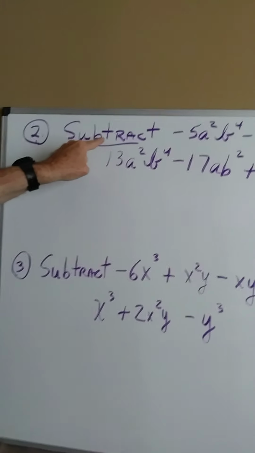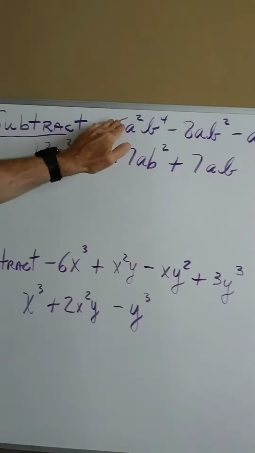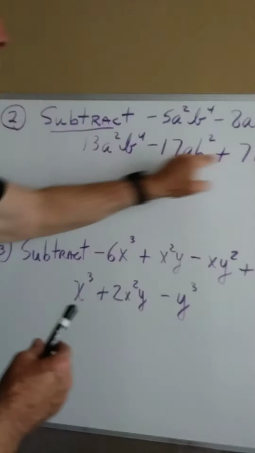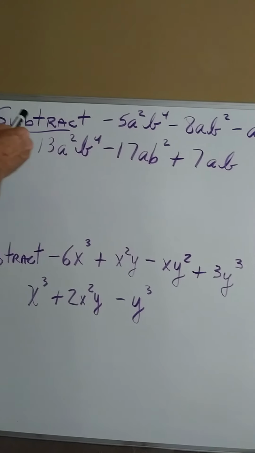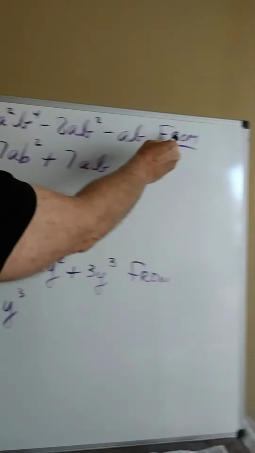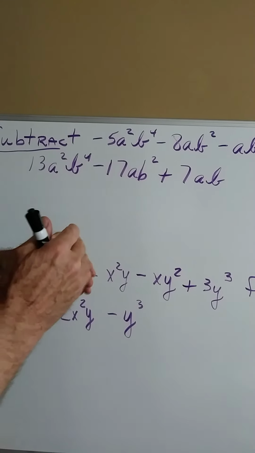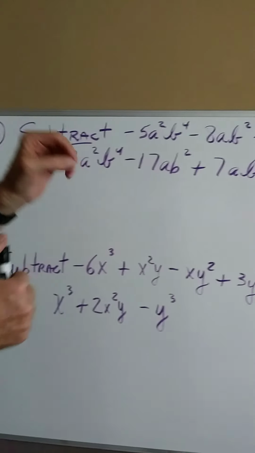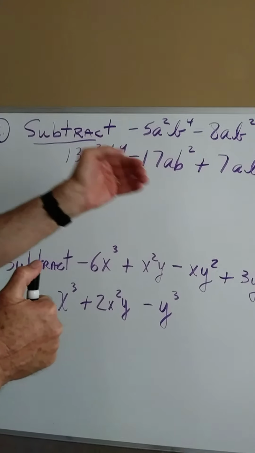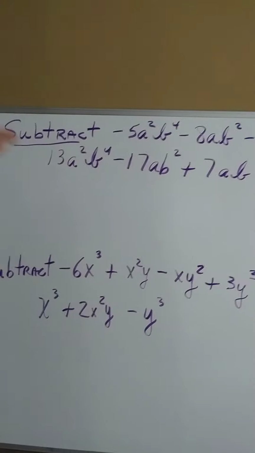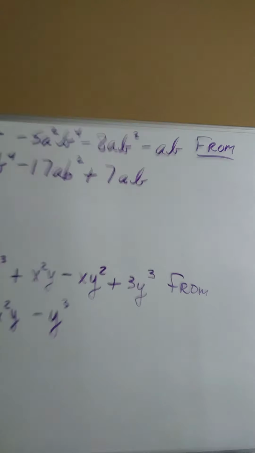It says subtract this trinomial from this trinomial. Subtract from. Subtract from means when you translate, you have to reverse the order. Subtract from is like less than.